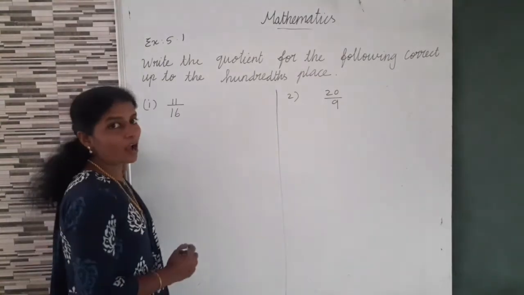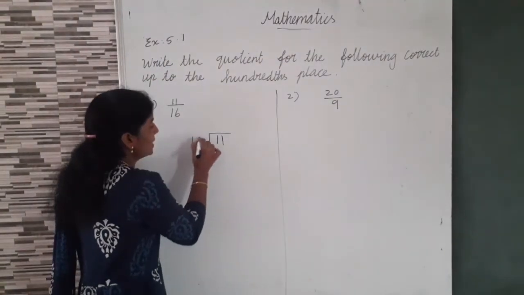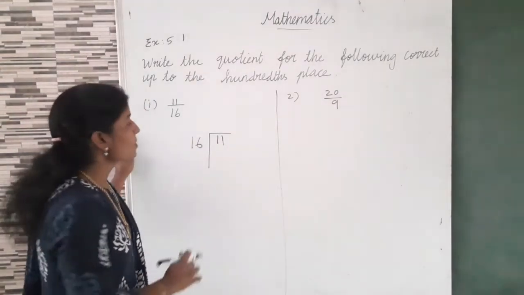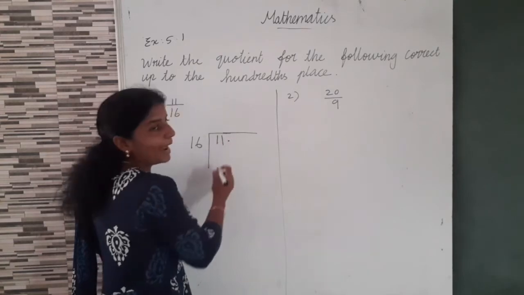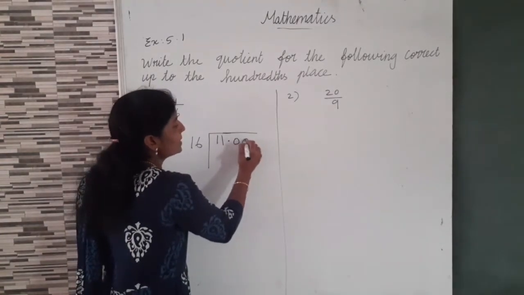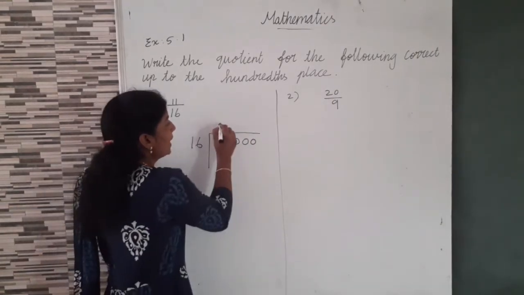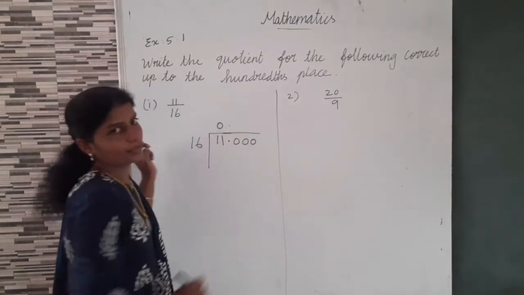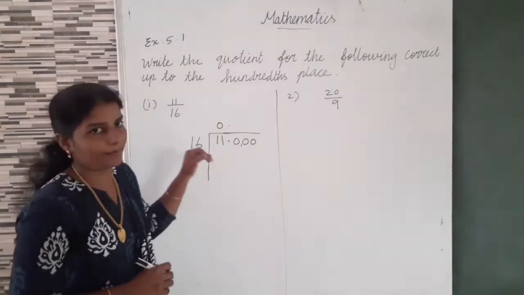Now we can use the long division method. 11 is less than 16, so we put one decimal point and add 2 or 3 zeros. So what's the quotient? Here 0 point.